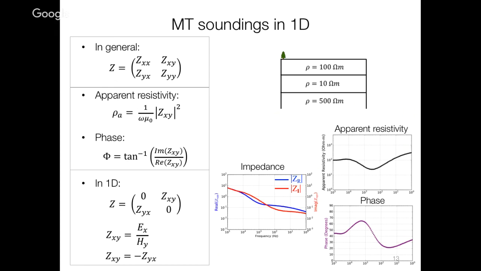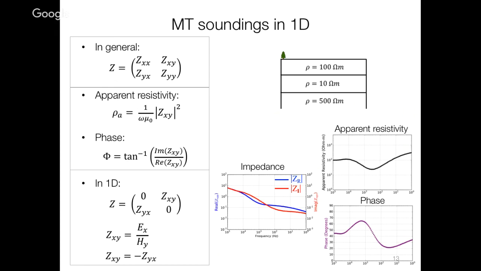So let's suppose we've got an Earth structure, 100 ohm meters, 10 ohm meters, 500 ohm meters, right? If we work, first of all, with really high frequencies, our skin depth is confined to this. The apparent resistivity is 100 ohm meters, which is great. As the frequency decreases, you're starting to see more of this layer, and the apparent resistivity drops.